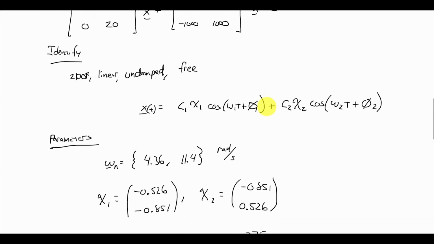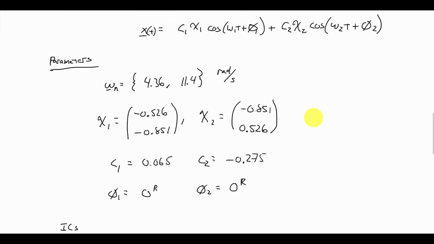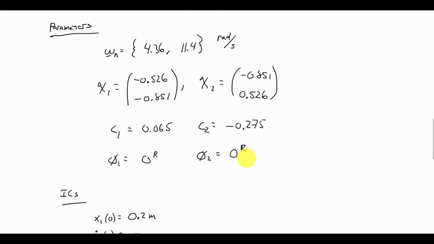So we identified it, and we saw that this type of system has a solution or trajectory x of t that is going to be dependent on the first natural frequency and the first mode shape, plus the second natural frequency and the second mode shape, and it's going to be these two cosine terms. For the parameters, we found the natural frequencies and the mode shapes based on the M and the K matrices using their eigensystem.